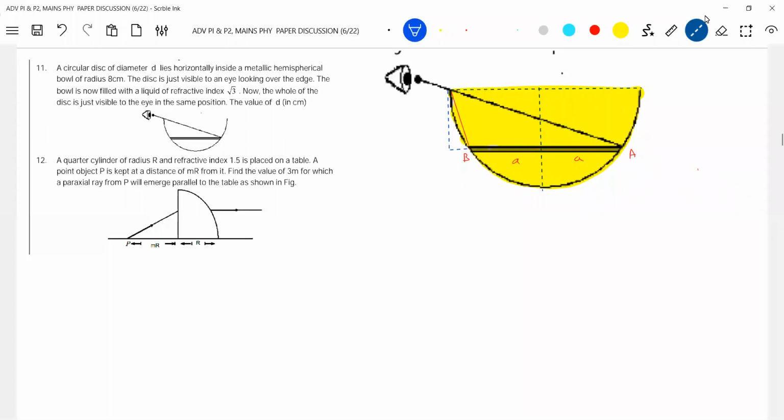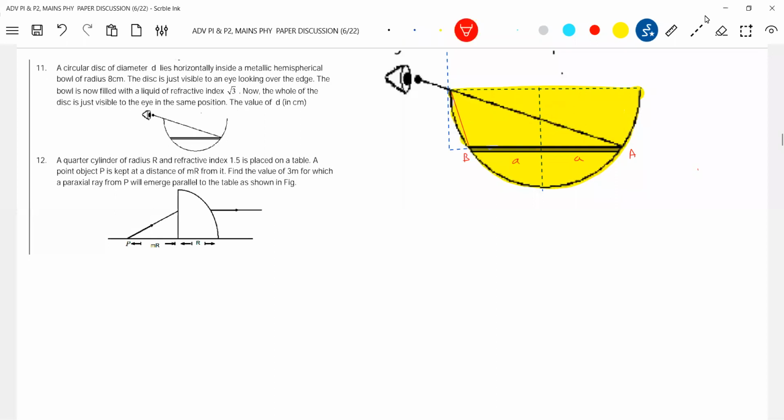Okay, there's one triangle I'm making. What is the angle of incidence? So this should be the normal, vertical should be the normal. Let's go for this.